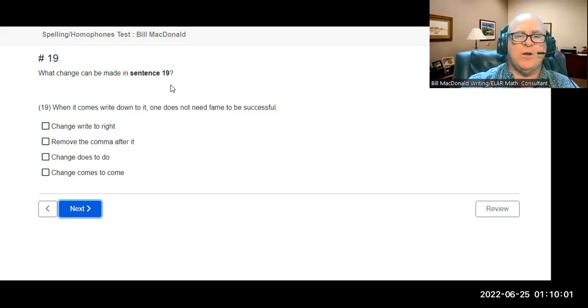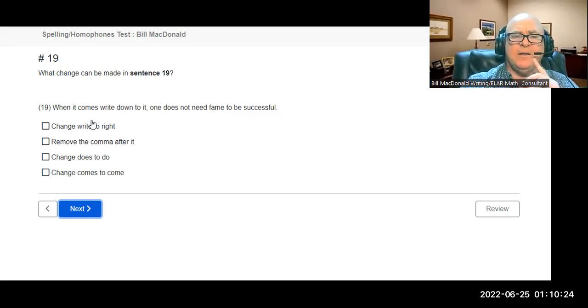What change, sentence 19, make brackets. Capital "When it comes right down to it," oh, right down to it, not "right down to it." We're not writing anything. "One does not need fame to be successful."